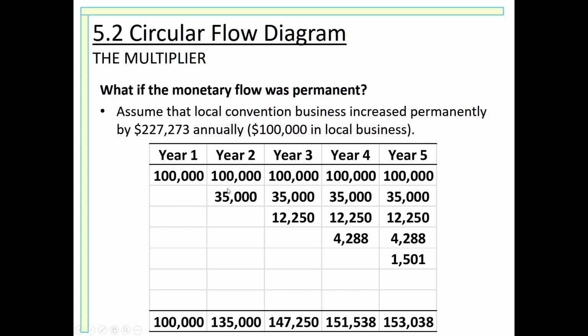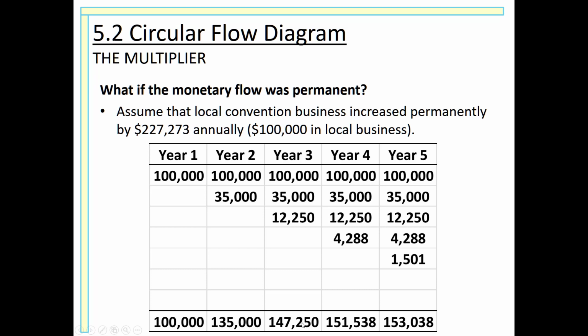Therefore, we have another $100,000 in that year. So you add up those two here. In the third year, that $35,000 generates $12,000. These $100,000 generate $35,000, and then another conference, another $100,000. So now we have a total of $147,000 per year.